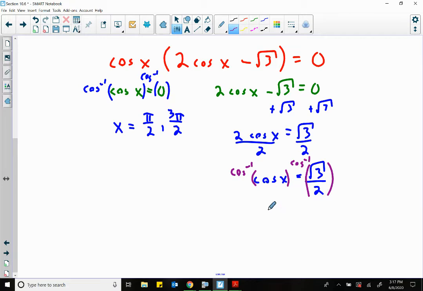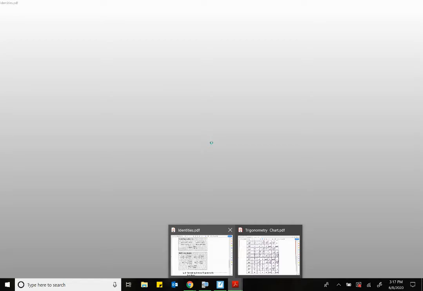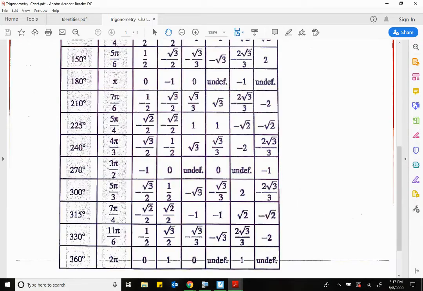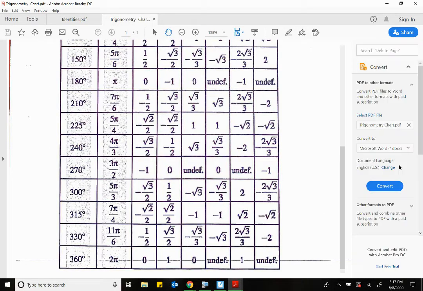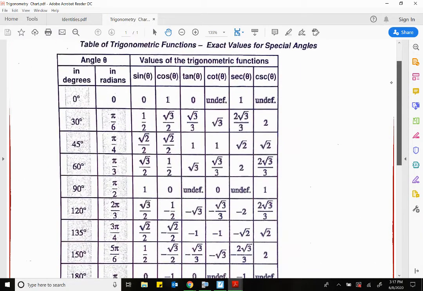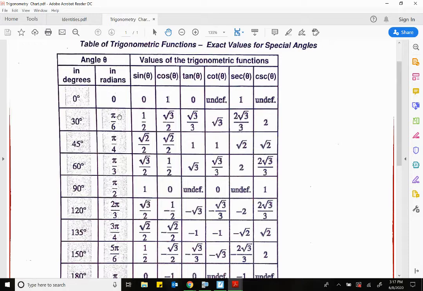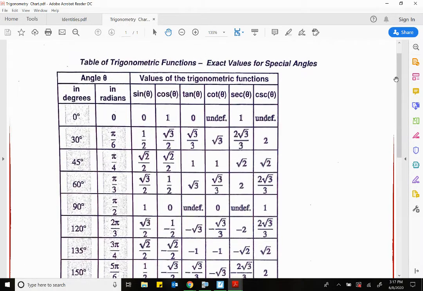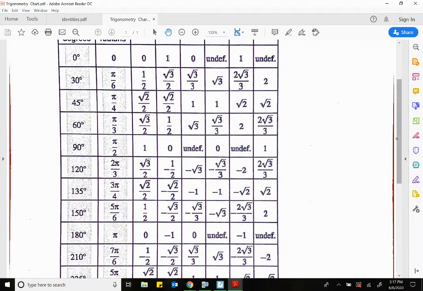Cosine inverse. So x equals, we go to our table. When is cosine the square root of 3 over 2? Cosine of the square root of 3 over 2 is pi over 6. So pi over 6 is one of our answers.